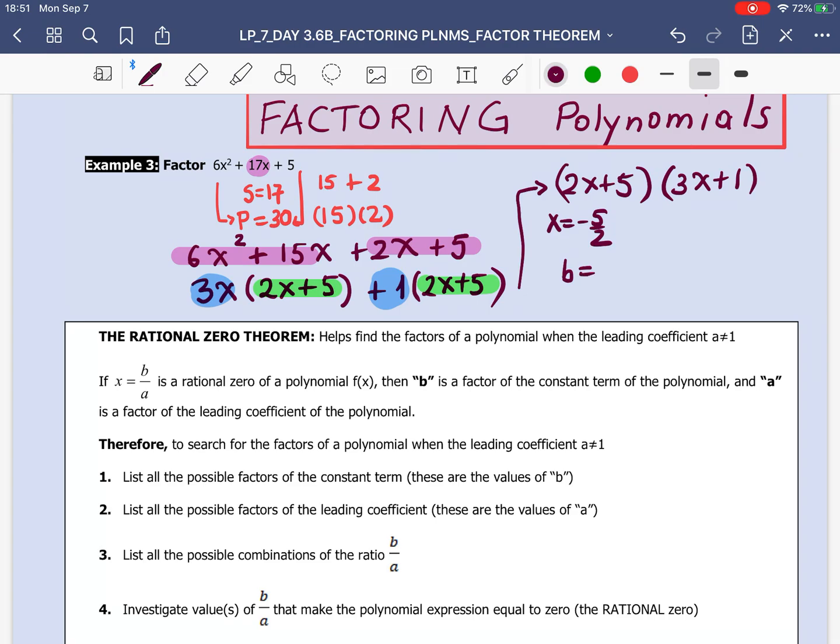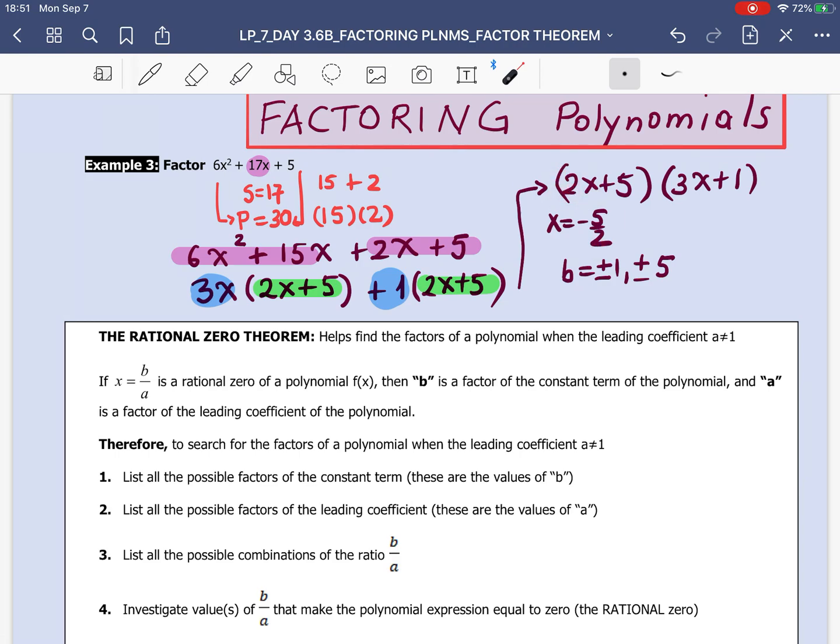So the values of b will still be the factors of the constant term, so plus or minus 1, plus or minus 5.